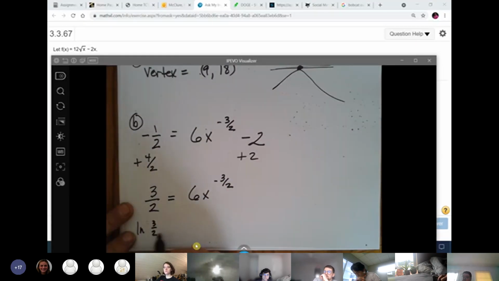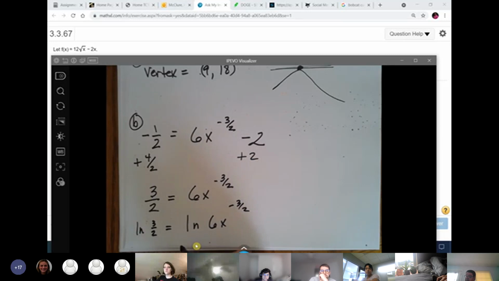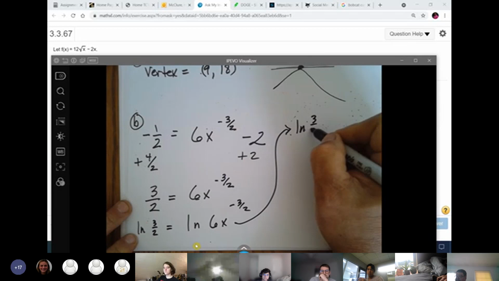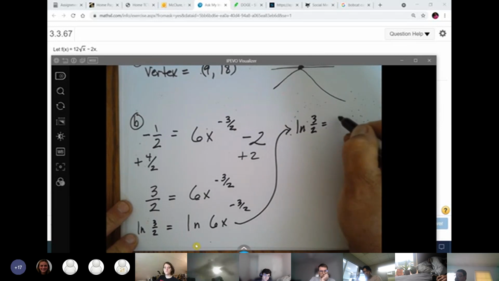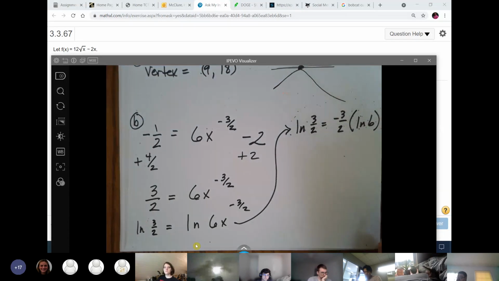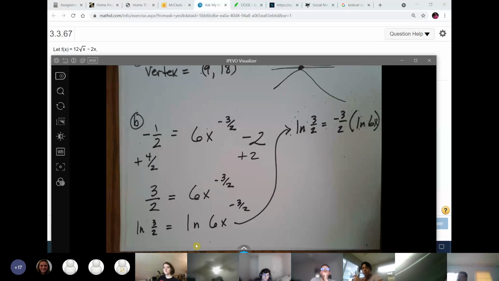Log of 3/2 is equal to the log of 6x to the -3/2, and I'm going to bring that -3/2 out front. Natural log of 3/2 is equal to -3/2 times natural log of 6x, and well, no, that's not going to work either.